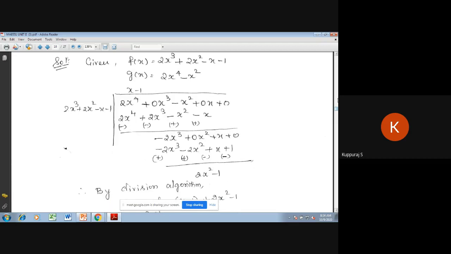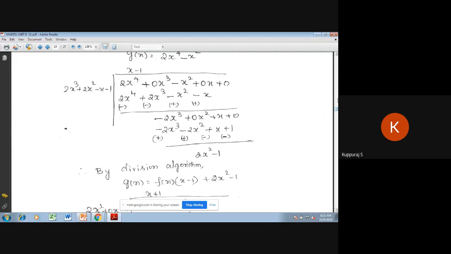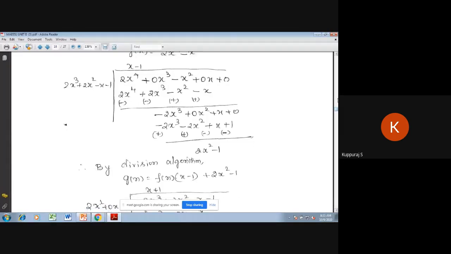So by the division algorithm, 2x power 4 minus x square is equal to x minus 1 into 2x cube plus 2x square minus x minus 1, plus the remainder 2x square minus 1.